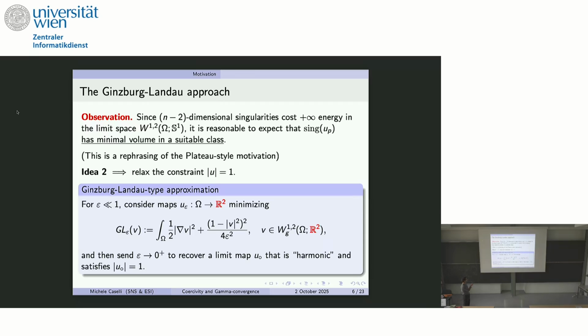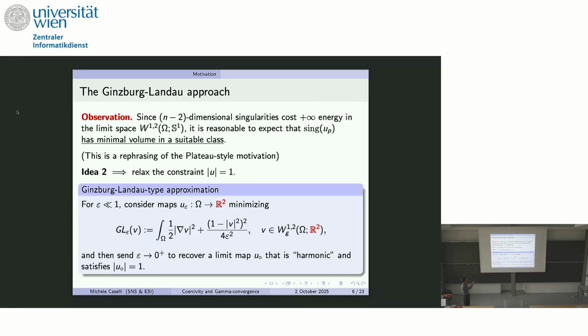Okay. This is the codimension 2 analog of the Allen-Cahn functional or Cahn-Hilliard functional. Now, there are reasons for which this analogy is very misleading. From the point of view of the analysis, the analog of the Allen-Cahn functional is not the Ginzburg-Landau functional, but is the Yang-Mills-Higgs functional, and I will talk a bit about this later, and I can tell you more if you are interested.